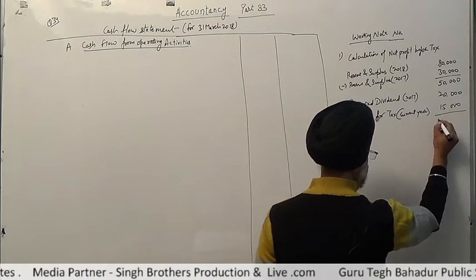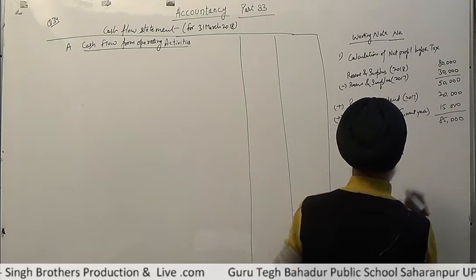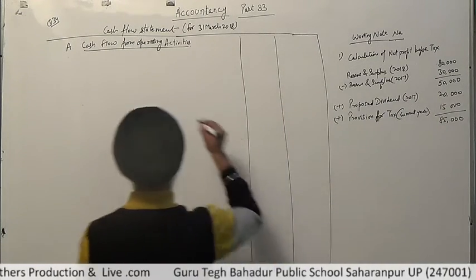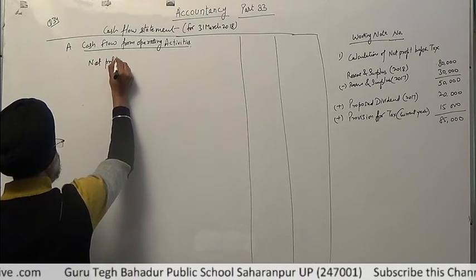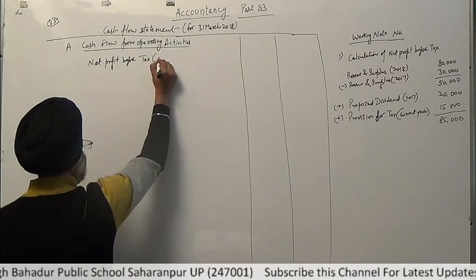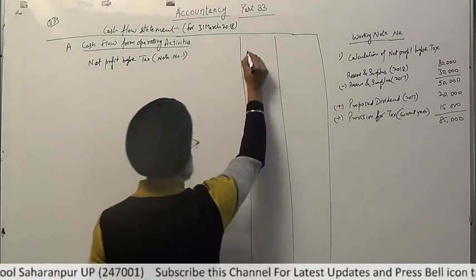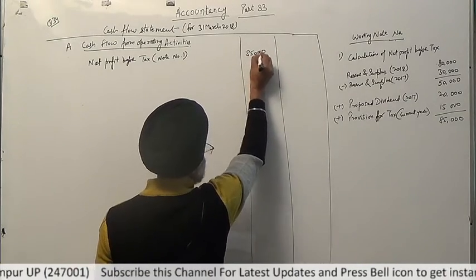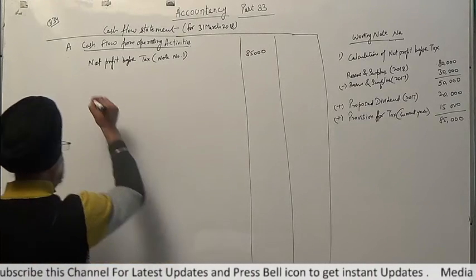Add this: 85,000. Yes, this is the net profit before tax. So take net profit before tax from note number 1. This is 85,000.